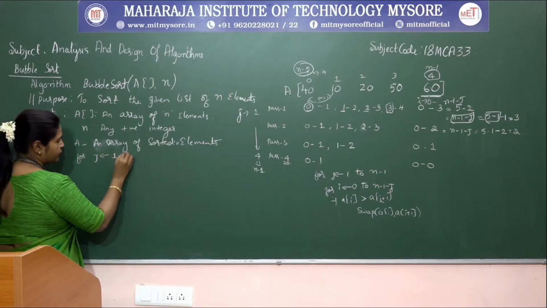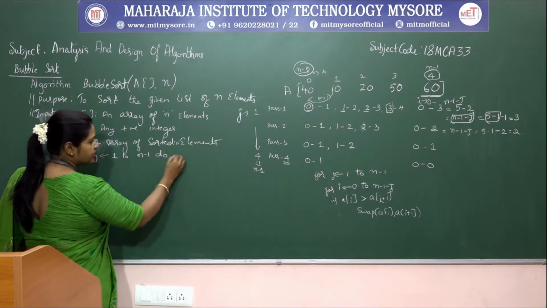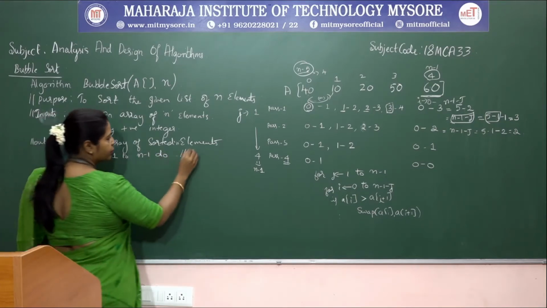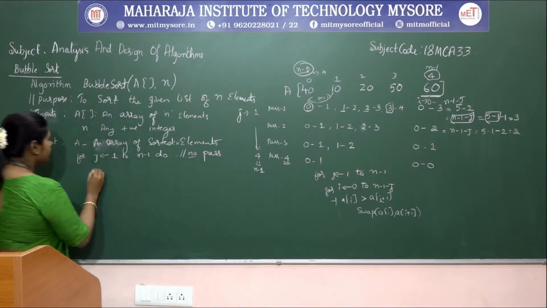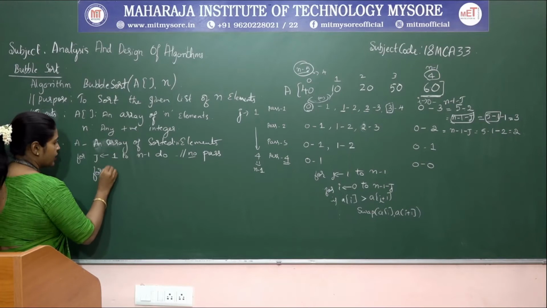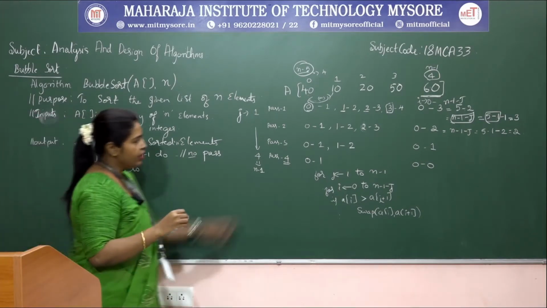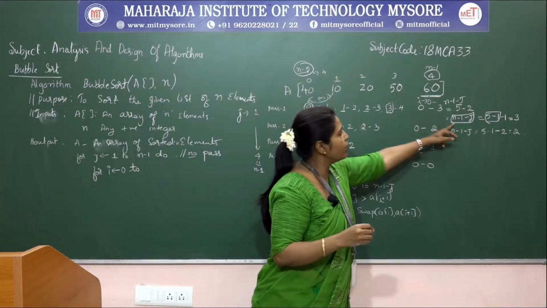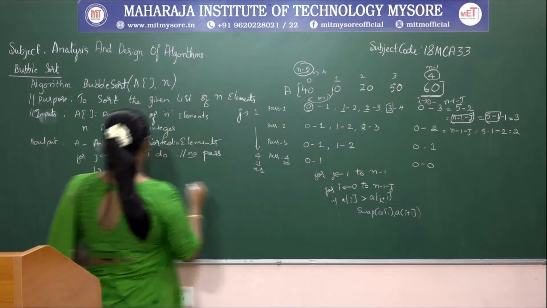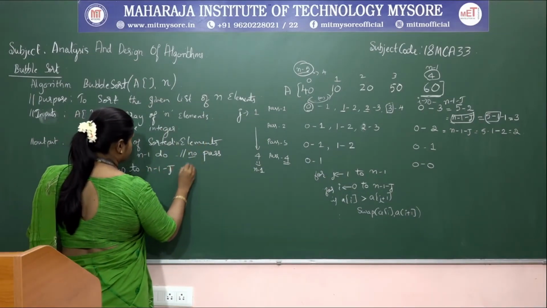So if you write the algorithm for j should start from 1 to n minus 1, do. Why this? This is for the number of passes. Okay, and for i starts with 0, every time it starts with the 0th position only, and ends up with n minus 1 minus j, do.